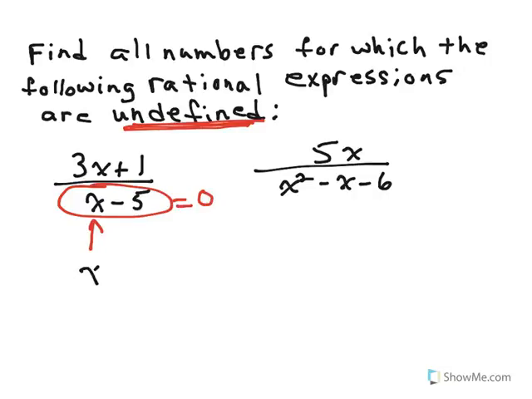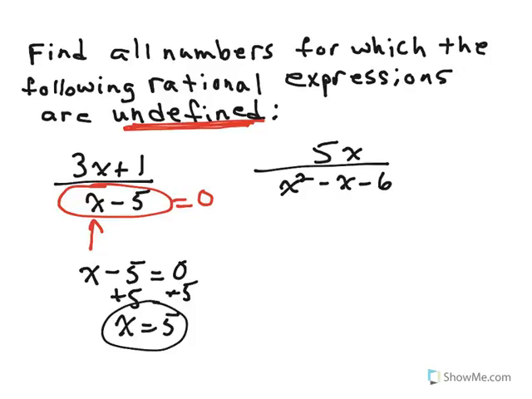Well, we take that denominator, x minus 5, and we set it equal to 0 and solve for x. And we get x equals 5. If x is 5, our denominator will say 5 minus 5, and that gives us a denominator of 0, which is undefined.